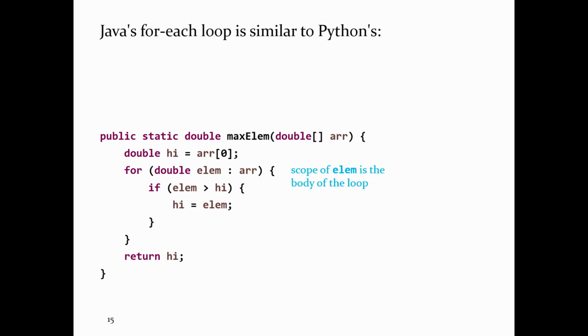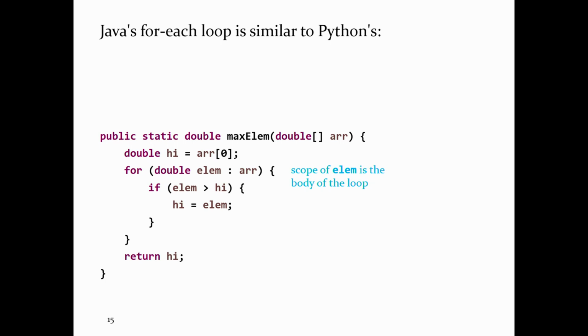All right, so just to remind you where we were at the end of the last lecture, we were talking about loops, right? And so Java has a for each style loop that's similar to the Python for each style loop. The syntax is a little different. Now in Java, you can't write a for each loop for everything. You can make one for an array, and you can write one for other things we haven't talked about yet.